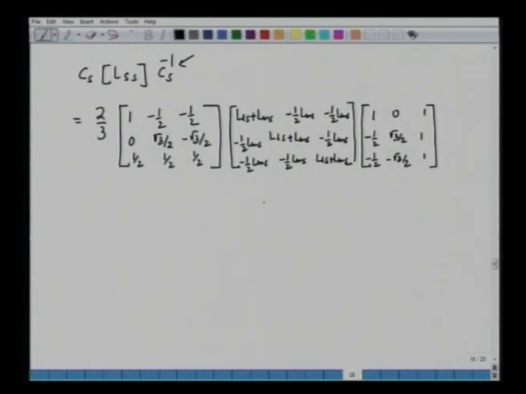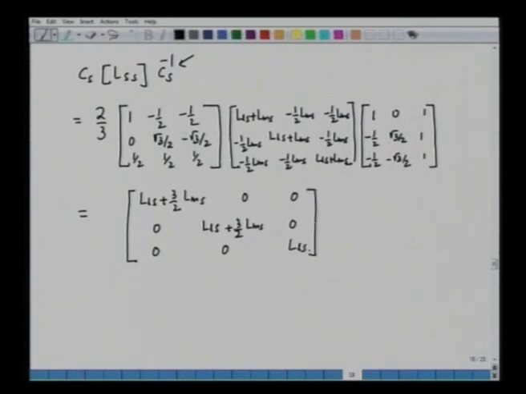So, this is what we have here, and then we can simplify this one, and when we simplify this, we get the inductance matrix of the DQ machine, and that is LLS plus 3 by 2 LMS, 0 and 0, 0, LLS plus 3 by 2 LMS, 0, 0, 0 and LLS.